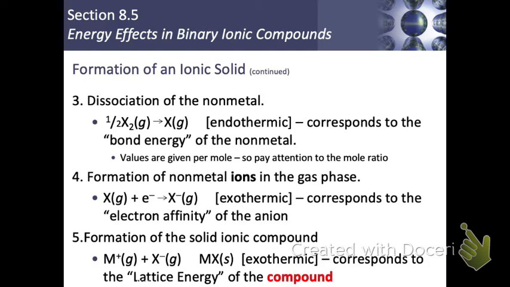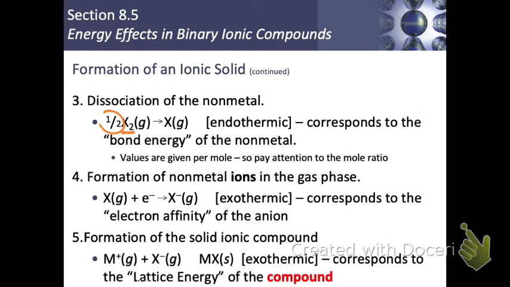In steps 1 and 2, we really prepared the metal. We took it to a gas form and ionized it, so now it's ready to go. Now we shift our focus to what needs to happen to the nonmetal. The first thing we have to do is dissociate the nonmetal. Dissociate means we take it from being bonded like a diatomic and separate it, so now it's just by itself.